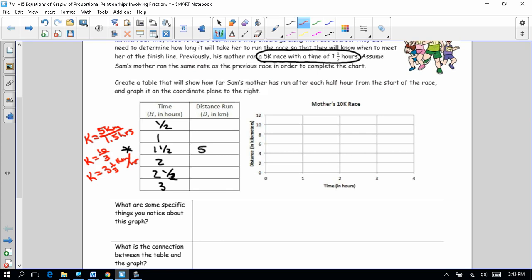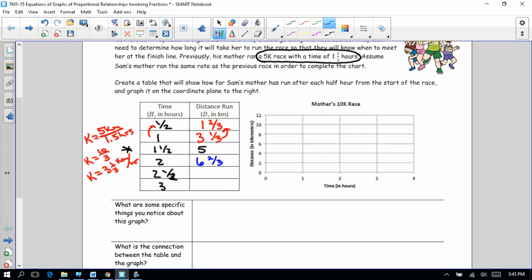So that helps me with this one here, 3 1/3. I can just cut that in half, and I would get 1 2/3. Then if I just go every half hour now, because I've got the half hour trend going on here, this is going to be 6 2/3.